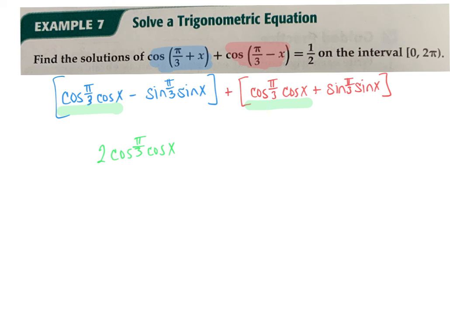And then for my sine values, negative sine of pi over 3 sine of x, positive sine of pi over 3 sine of x, those cancel out completely. And I'm left with what it equals. It equals 1/2.